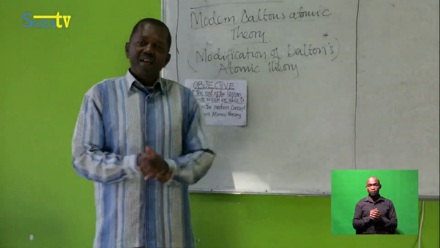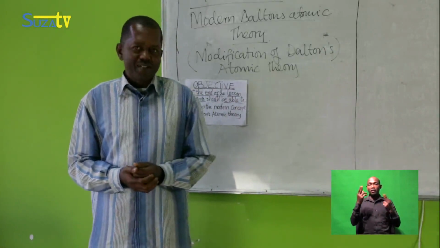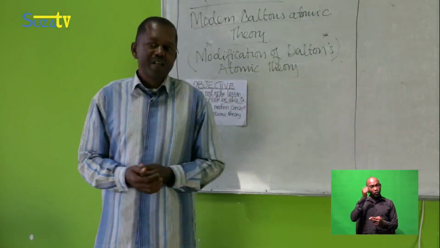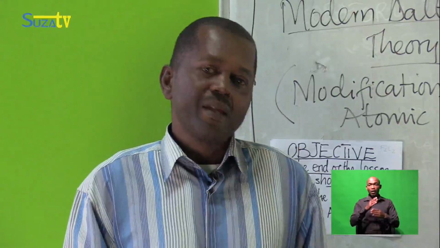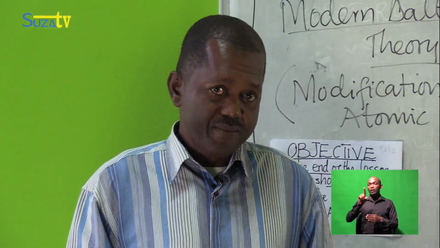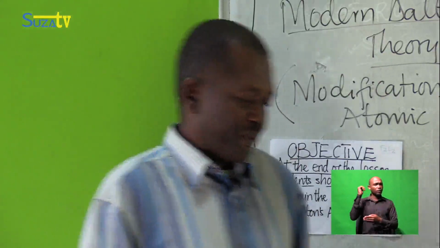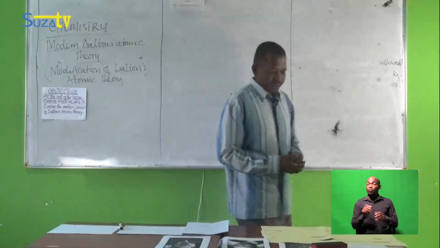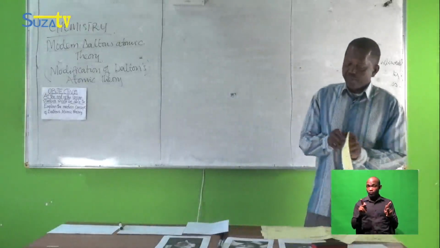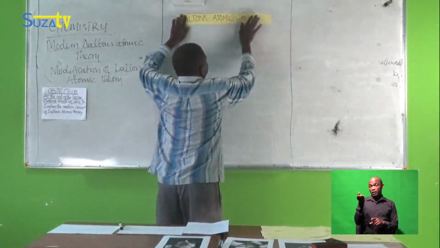By starting our lesson today, I would like to remind you that we have learned about Dalton atomic theory. Do you remember those 5 postulates that were proposed by Dalton? Okay, let me remind you, these are Dalton atomic theory.